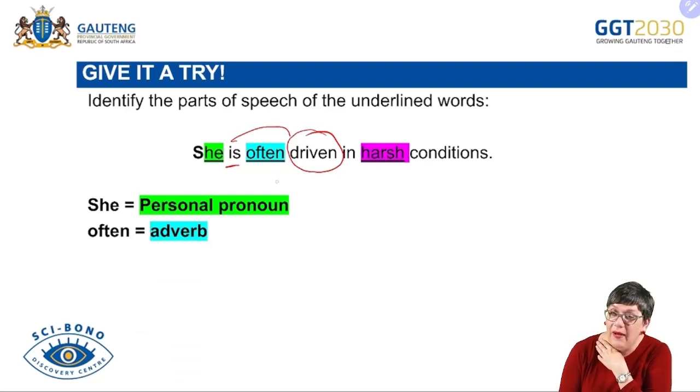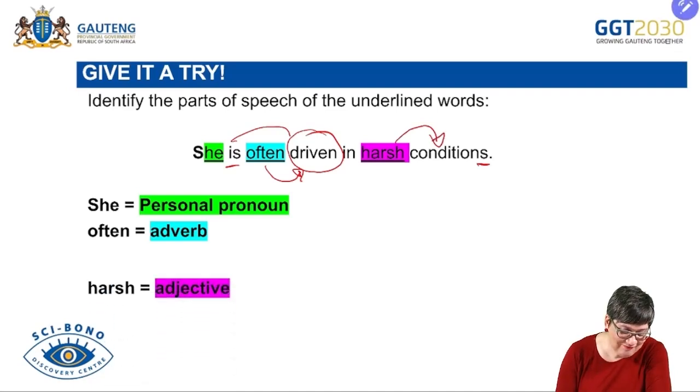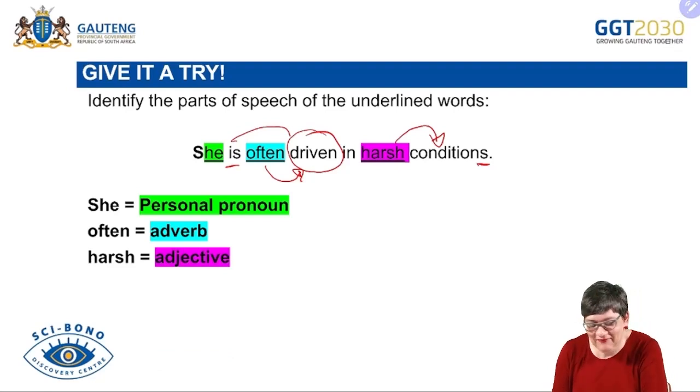These two are married because often describes driven. Easy. And if I look at harsh conditions, conditions is a plural, that means it must be a common noun, and harsh is describing it. And what is describing nouns always? Well done. An adjective. I'm sure you got that one right. It's really easy, isn't it?